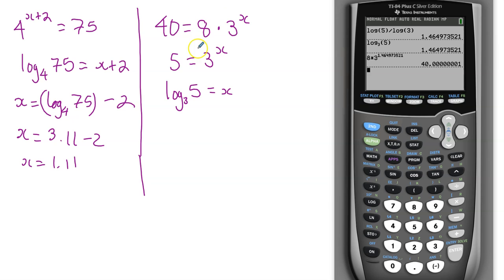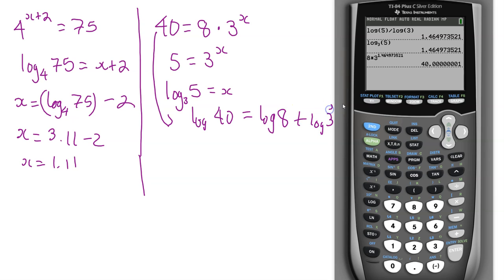Okay, but you have to simplify this first. Otherwise, you would have to do the log of both sides, and we don't want to do this. But we would write log 40 is the log of a product, which becomes the sum of the individual logs. Okay, don't do that.